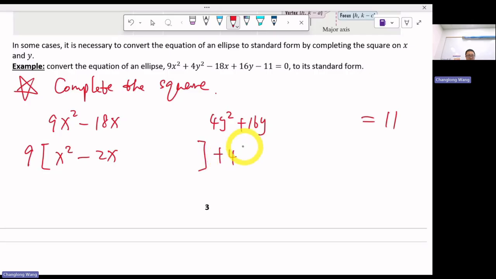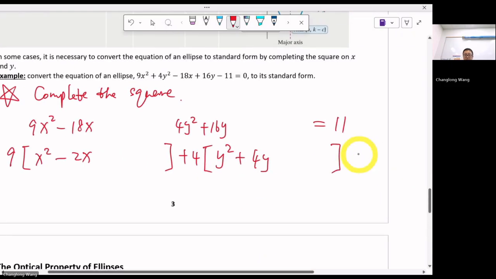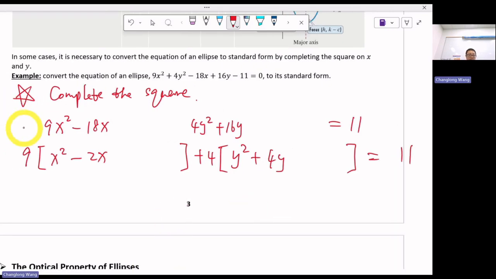So I'll factor out 4. So I have y squared plus 4y. Again, leave some space. Does everyone see how I go from the first to the second line?